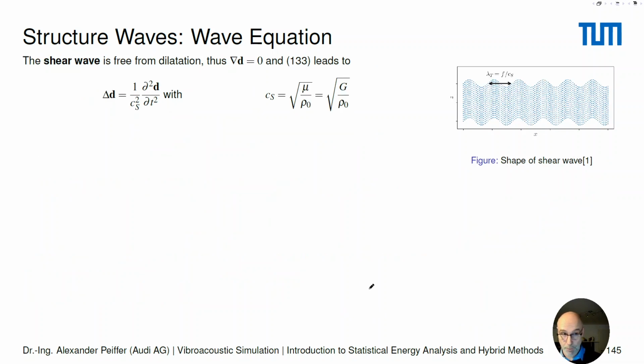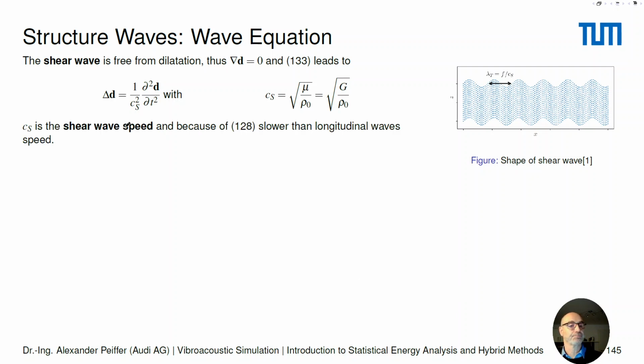Now we come to shear waves. We have to take now equation 133. And we know that the divergence of the displacement is 0, and this gives us this wave equation, and we have now the shear wave speed, which is denoted by this quantity. So it's the shear modulus divided by the density, and that is the shear wave speed. So it's slower than longitudinal waves.